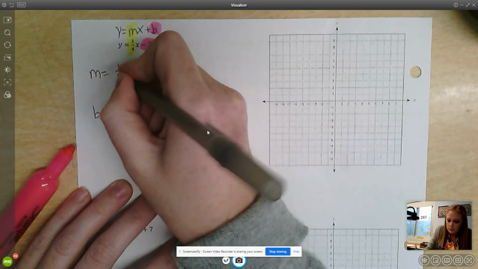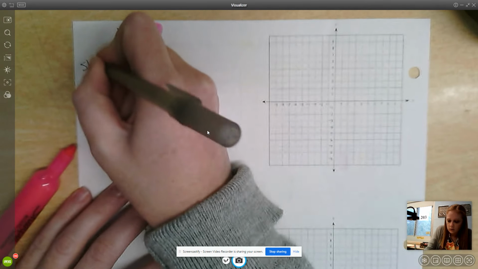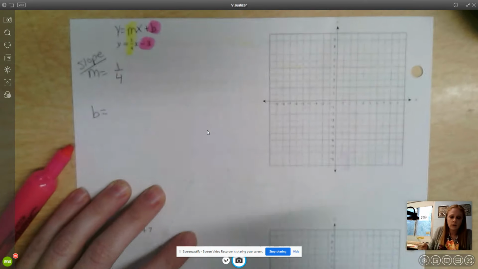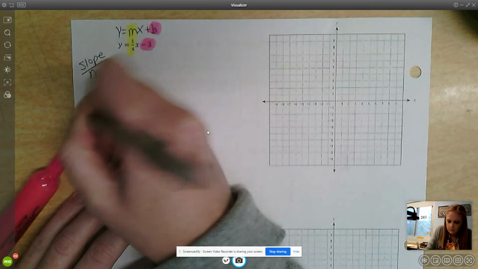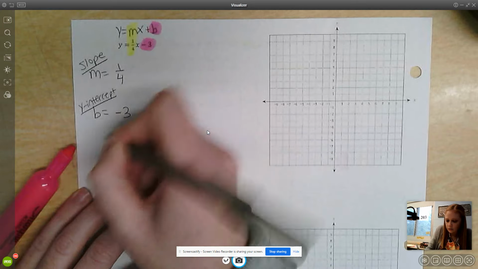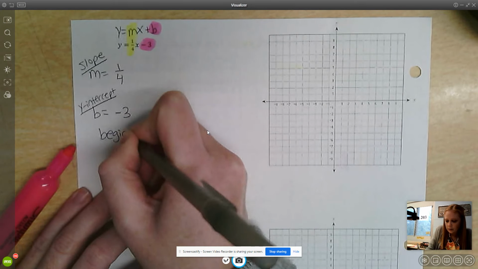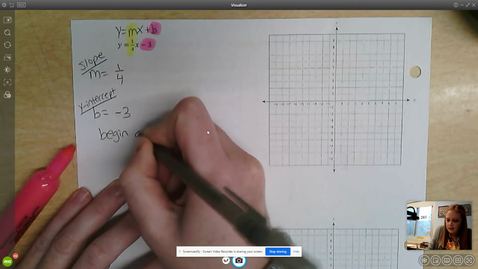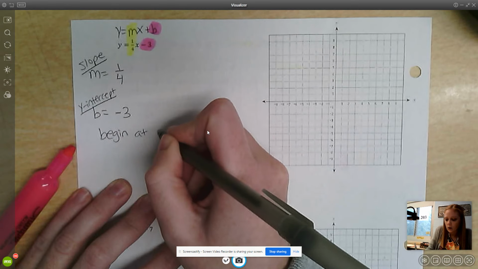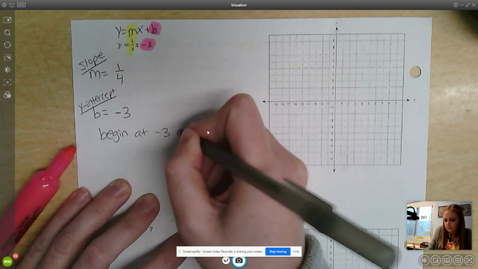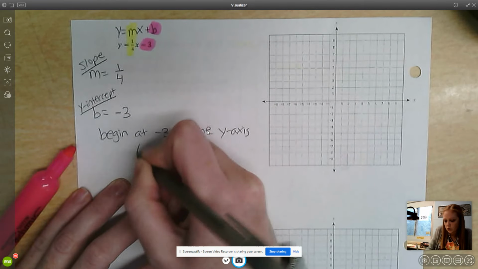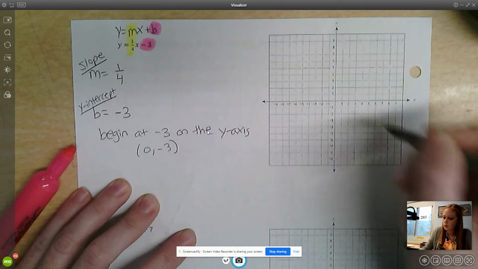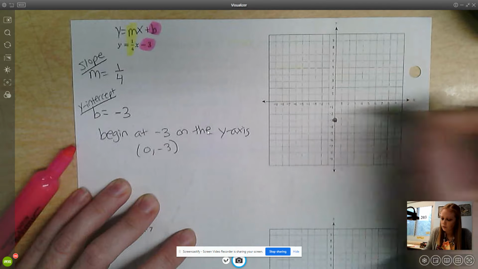Okay, so my m, my slope, is 1/4. And then my y-intercept is -3. So I'm going to think b, begin at -3 on the y-axis, which is the point 0, -3.